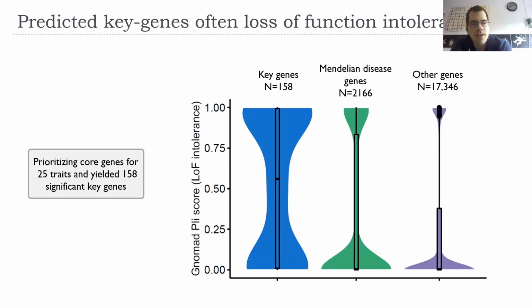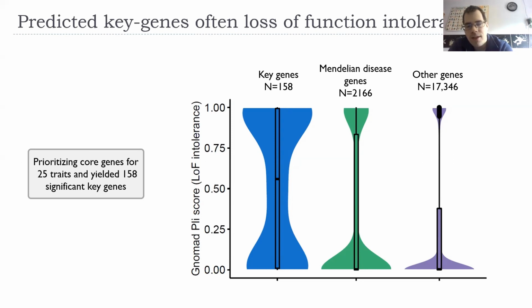And when we do this and we look at different traits, we see which key genes we now prioritize. We have a set of almost 160 key genes for these 25 different traits. And if we then look at the loss of function intolerance score, so basically, if you get a loss of function mutation in this gene, is this going to be compatible with life? This is a score calculated by the gnomAD Consortium, where they have, for tens of thousands of people, exome sequencing and whole genome sequencing data.